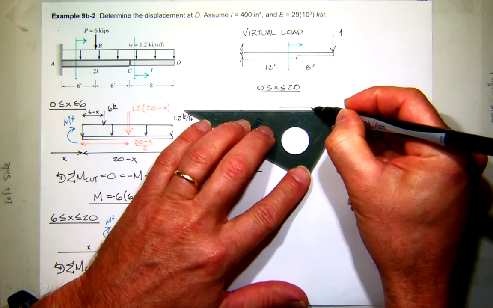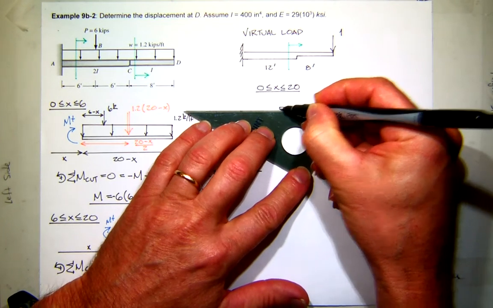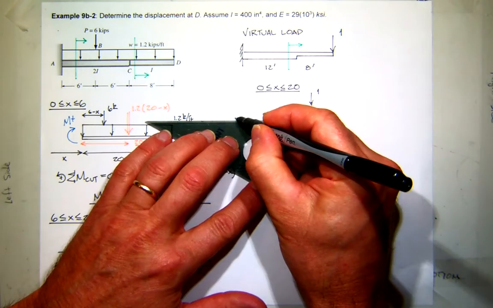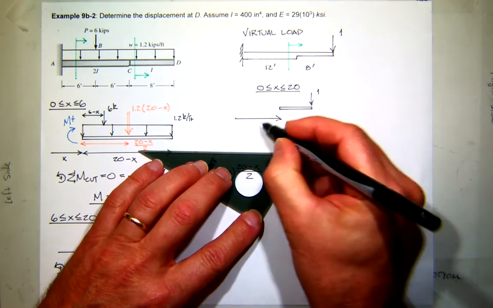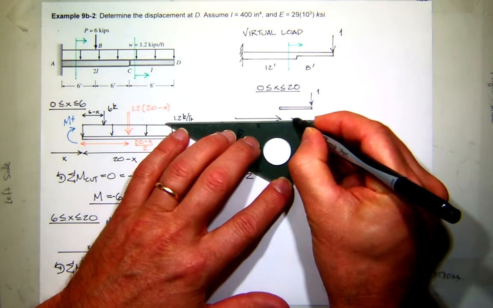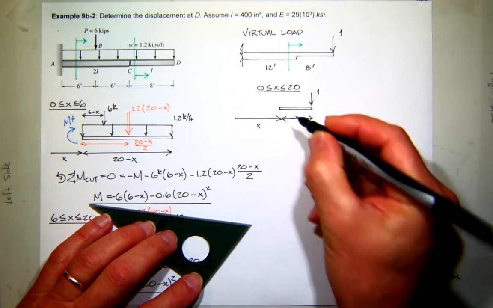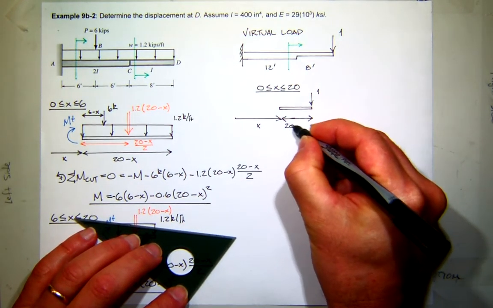So if I draw a free body diagram with my virtual load on the top, I'm at some distance x. What's the remaining piece of my structure? 20 minus x.